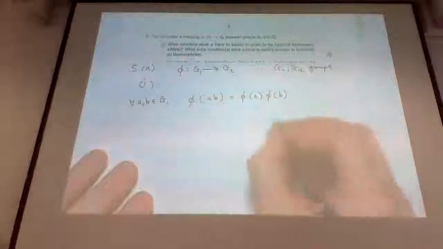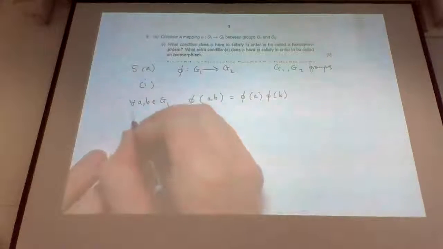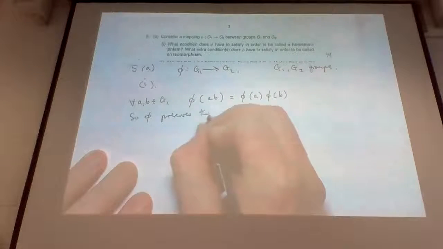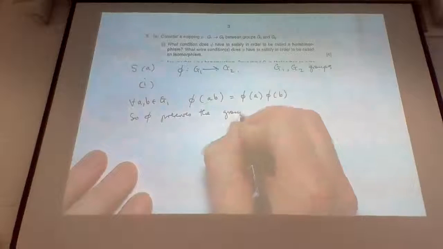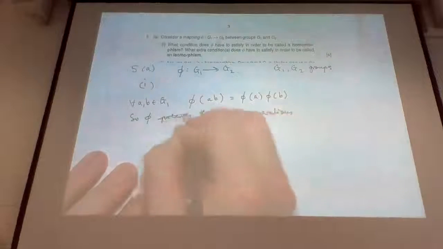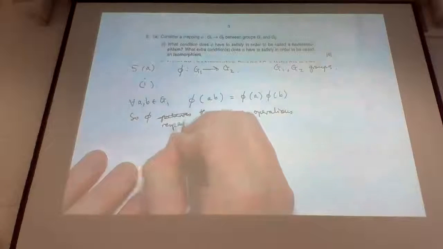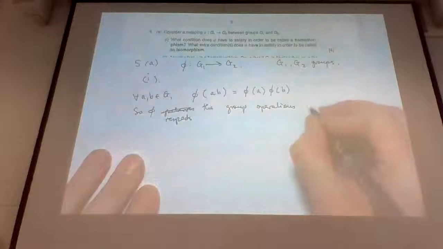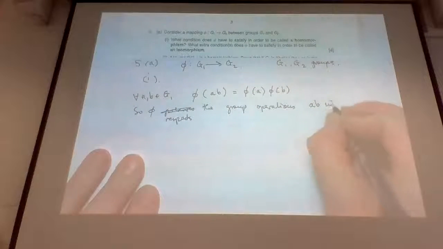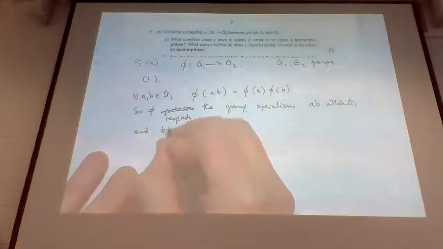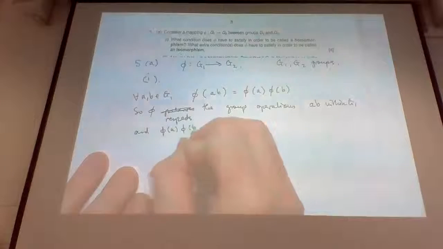Maybe just a little commentary here. Phi preserves the group operation, or, sorry, maybe a better word is respects the group operation. AB is within G1 and phi of A, phi of B is within G2.